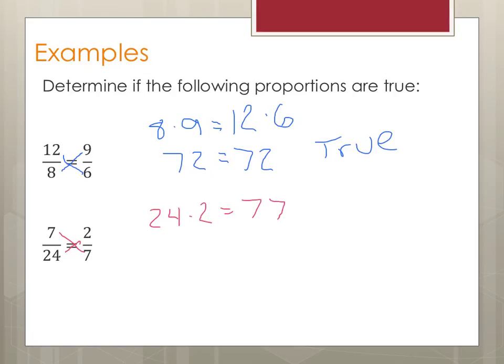Okay, 24 times 2 is 48. And does that equal 7 times 7? Well, 7 times 7 is 49. So these cross products are not equal. Okay, so since we determined that those two cross products aren't equal, that means that this proportion is going to be false.